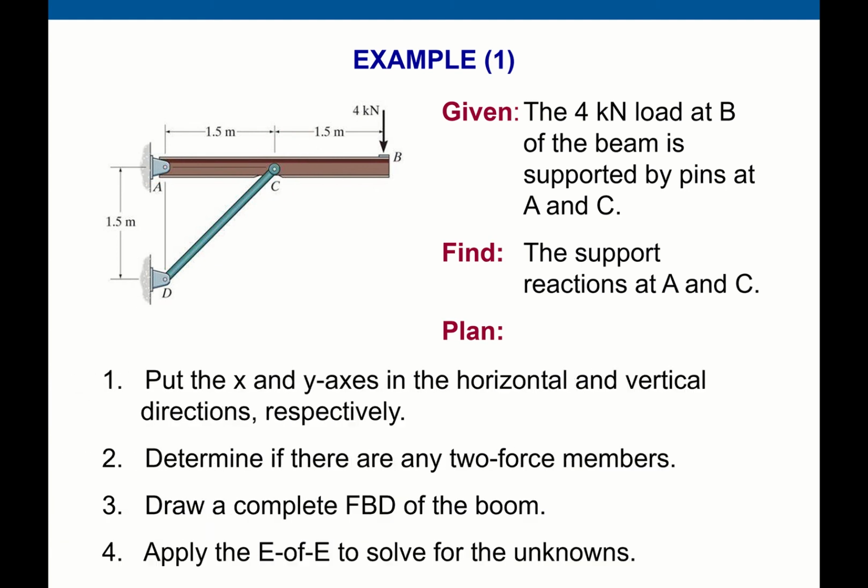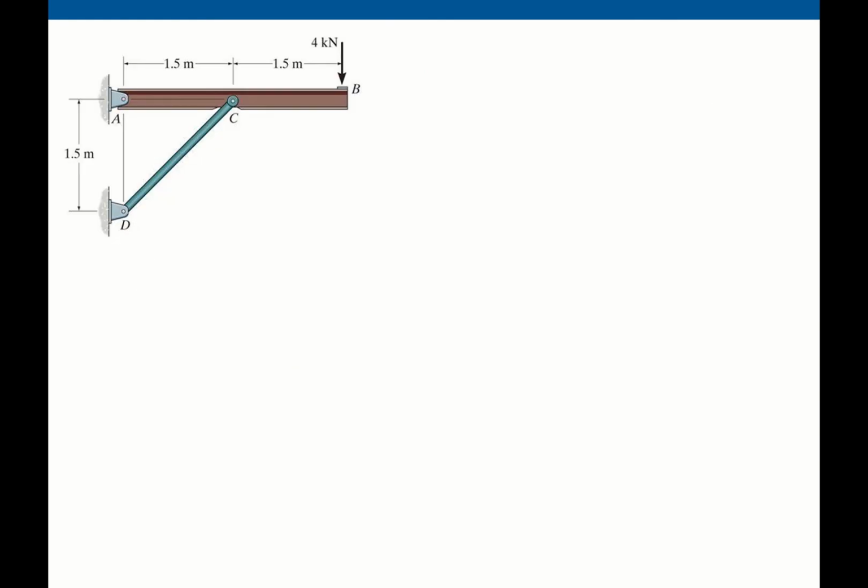Okay, so here is our plan. First, we have to decide the orientation, and then we can draw the free body diagram, determine whether there are 2 force members or 3 force members, and apply the equilibrium of equations. Let's define our orientation: the right hand direction is positive x-axis and the upward direction is positive y.